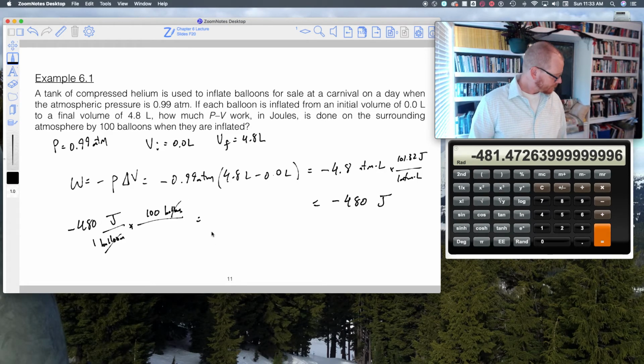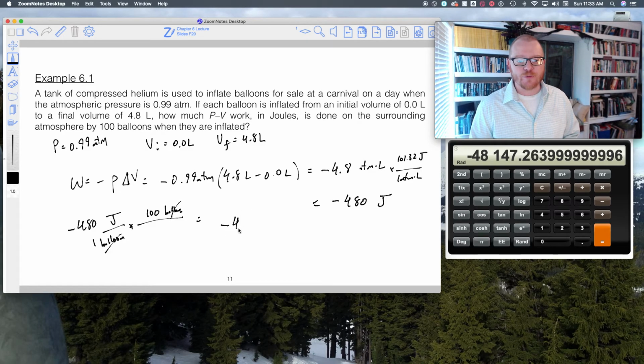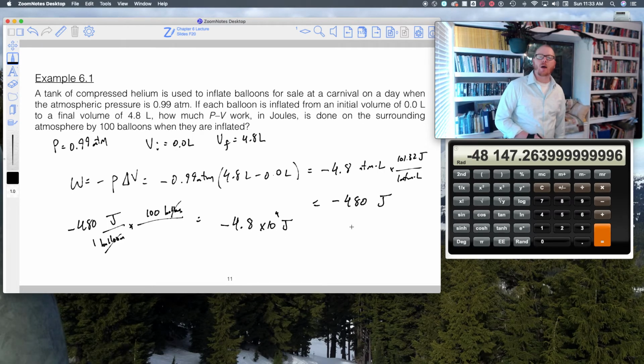I probably don't need to do this in the calculator, but I will anyways. Okay, great. So now I get negative 4.8 times 10 to the 4th joules. And at this point, it's probably appropriate to use kilojoules because that's a pretty big number.